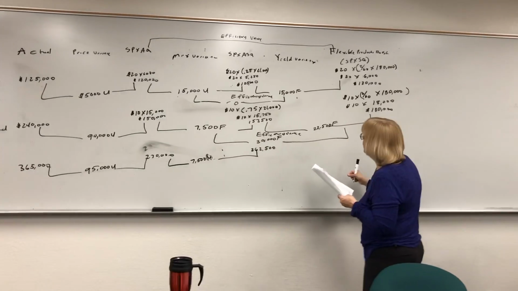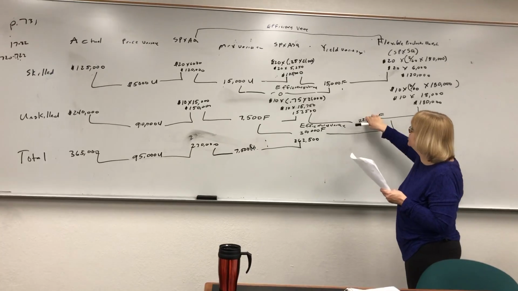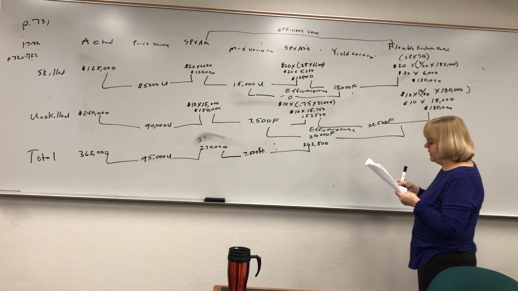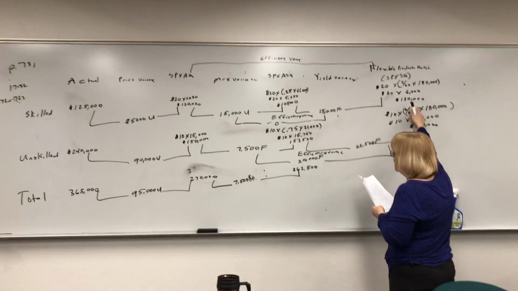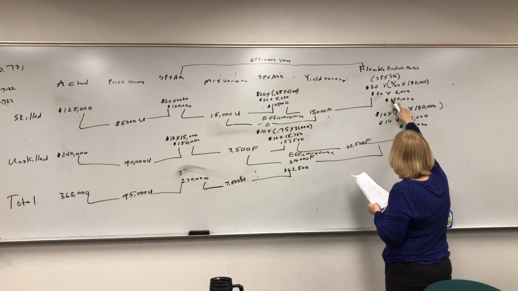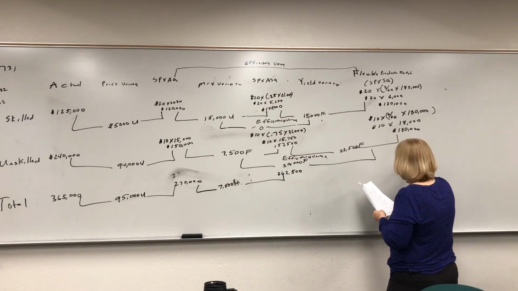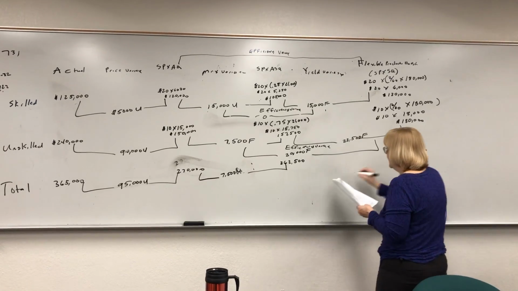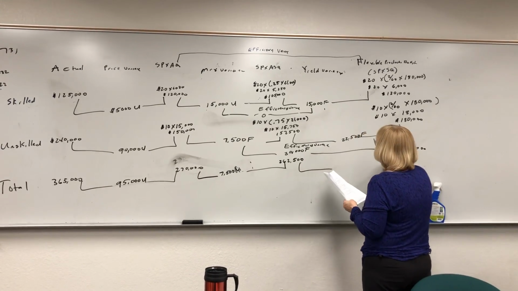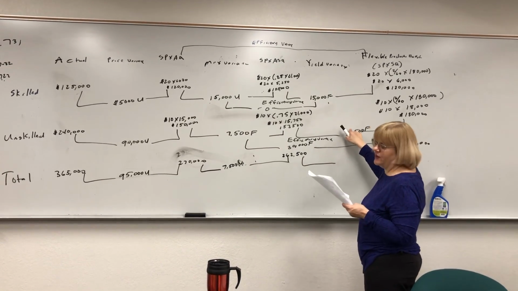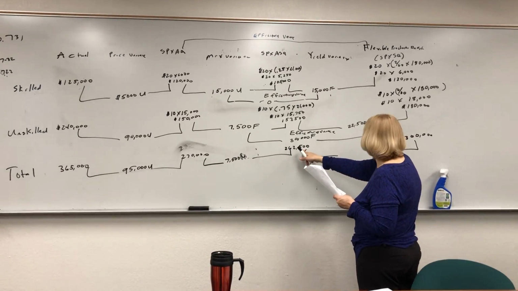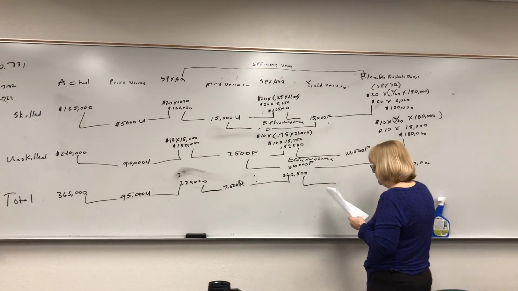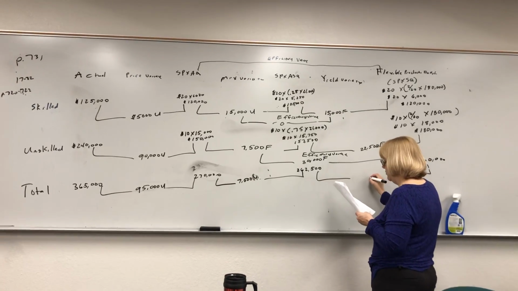And then to get your yield, once again, you can add these two yield variances, both of which are favorable. You can also take your 120 plus your 180, your total flexible budget is 300,000. So whether you add these two, they're both favorable, so you can add them, or you take the difference between the 262.5 and the 300,000. Of course, this is less, so we know it'll be favorable.